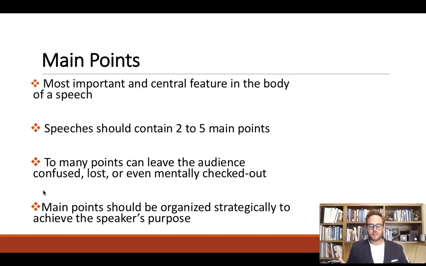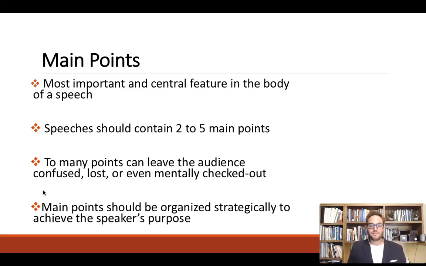So within the bulk of our presentations, we'll spend a majority of the time discussing, explaining, fleshing out our main points. So speeches typically contain 2 to 5 main points. Anything beyond 5 points, we run the risk of confusing the audience, or the audience gets lost in our presentations.